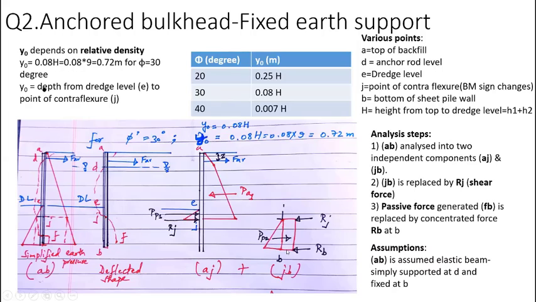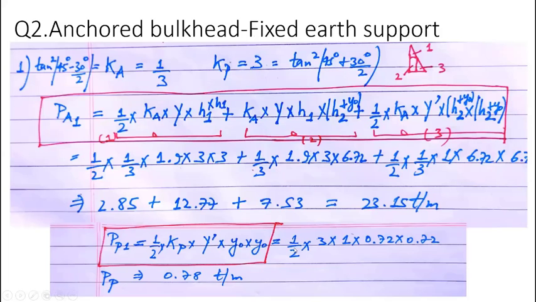This is the rectangular distribution there, and then we have not shown the deflected shape starting from the bottom, but rather at point F. So the passive resistance generated by this FB, we replace it by an effective force, by a concentrated load RB at the location B.